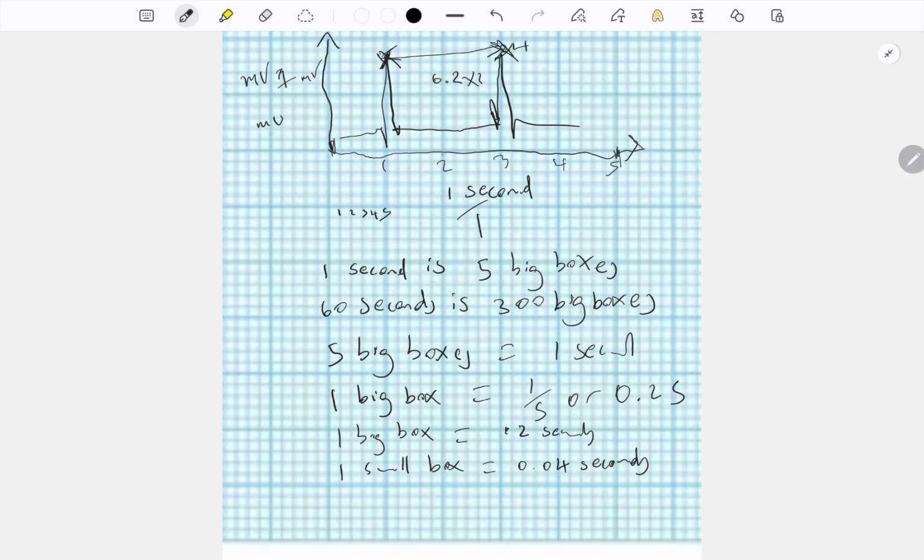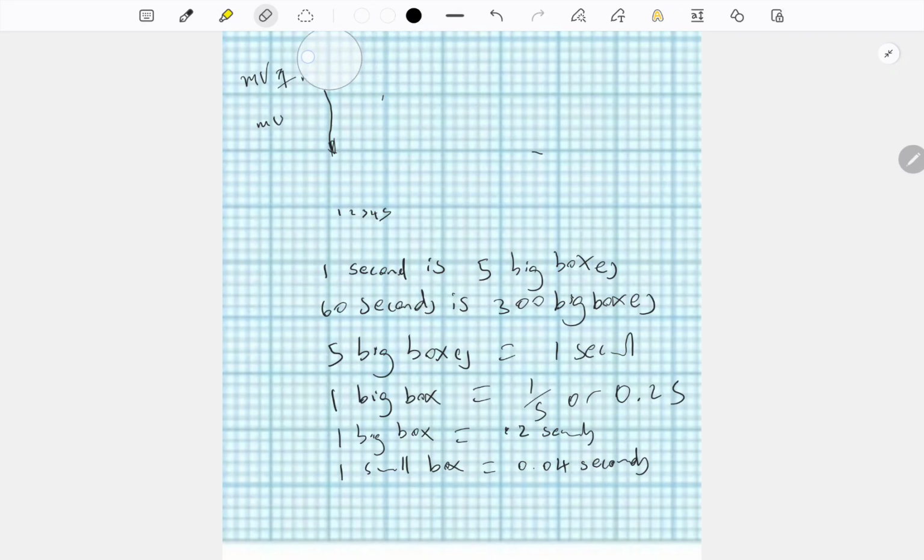So that's 1, here to here is 2. If there are 2 boxes for every cardiac cycle, then how many cardiac cycles would be in 300 boxes? That's really all it is.